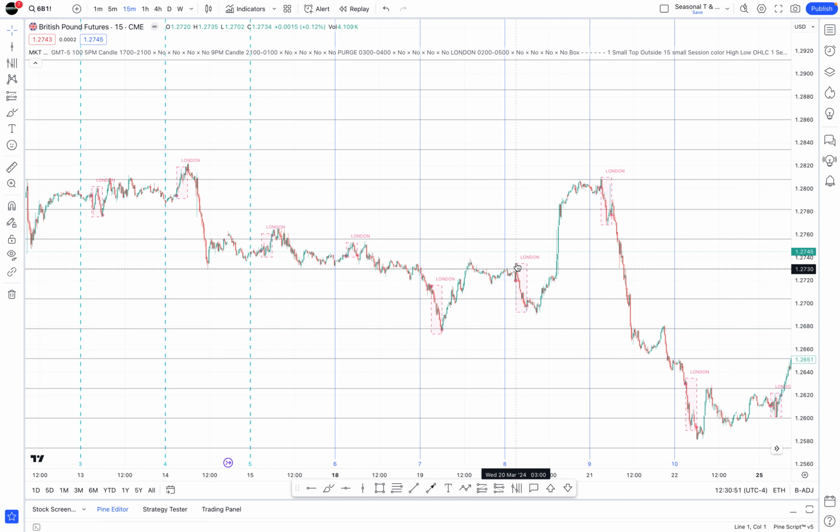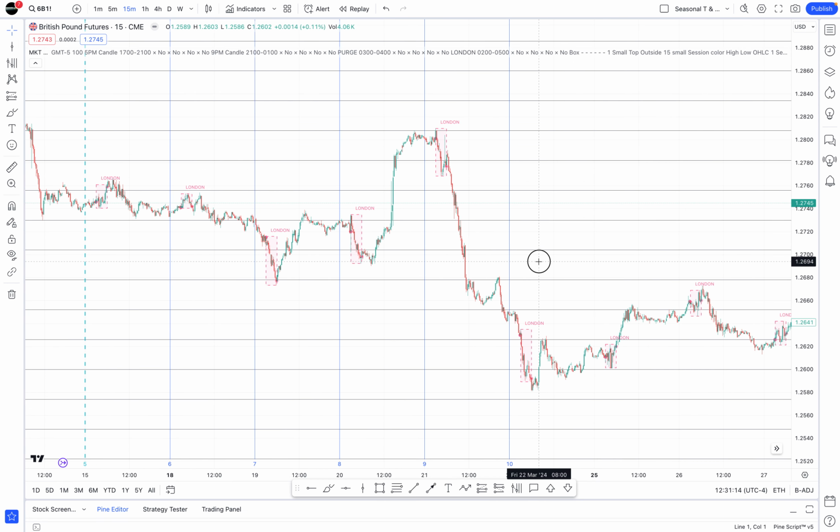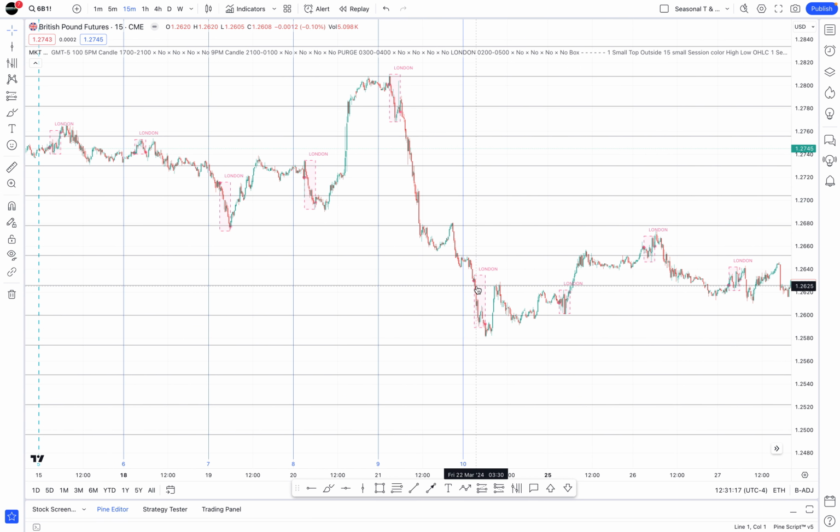Hits that level in London, push down, above the open. Over here hits this level, below the open. Hits this above the open. Hits this above the open. Could sell, but you would probably get stopped out. Hits this level, below the open. Buy, gets stopped out. Buy, gets stopped out.